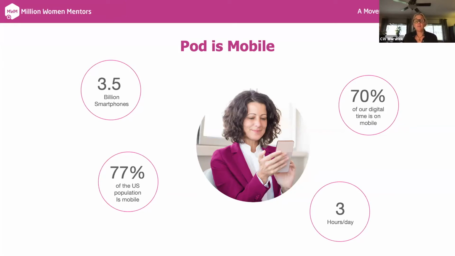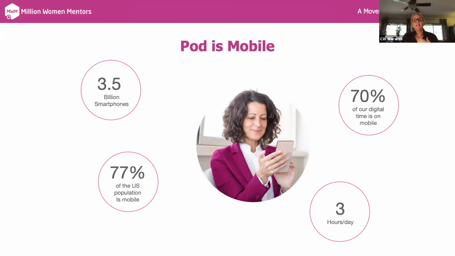As a matter of fact, 70% of our digital engagement time actually happens on our phone. So I think increasingly we're going to see more engagement happening on the mobile device than on the desktop. And right now, on average, we're spending about 3 hours a day looking at those phones, engaging in text messaging, maybe even managing our email through our mobile device.